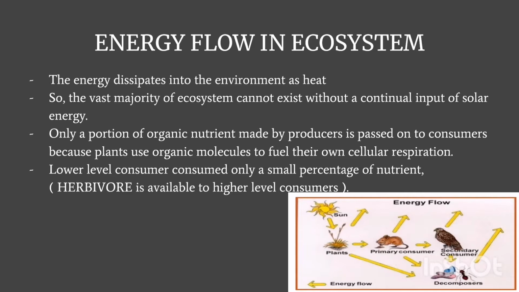Only a portion of the organic nutrients made by producers is passed on to consumers, because plants use organic molecules to fuel their own cellular respiration. Only a small percentage of the nutrients consumed by lower level consumers, such as herbivores, is available to higher level consumers, which are carnivores.